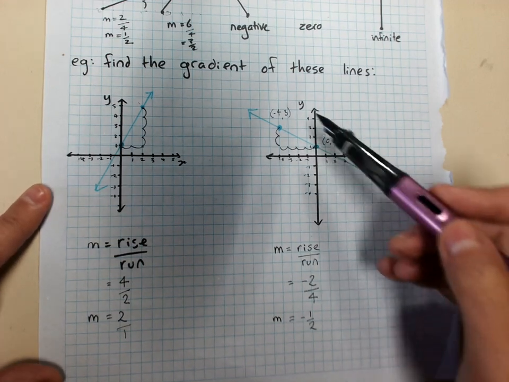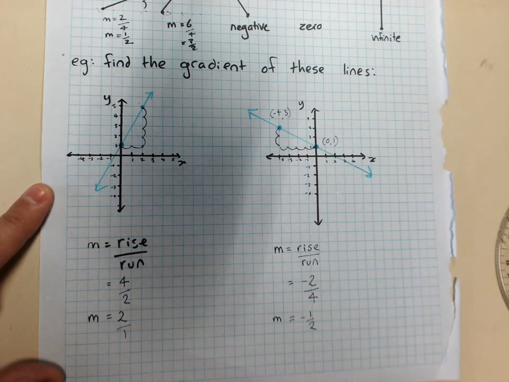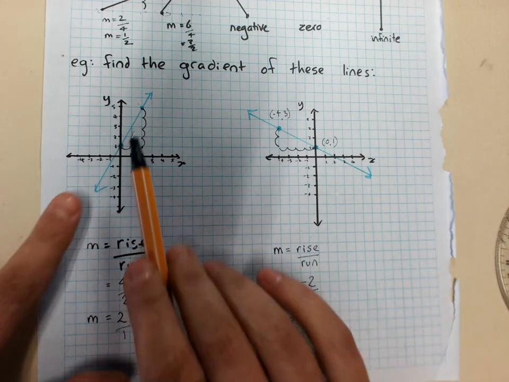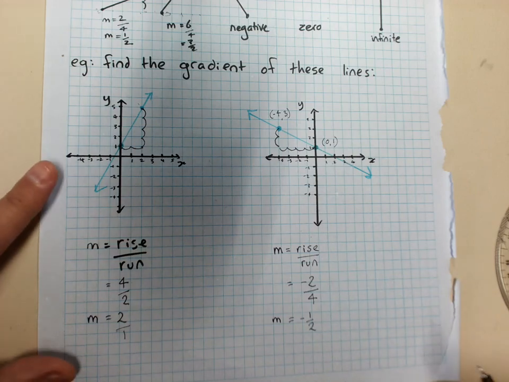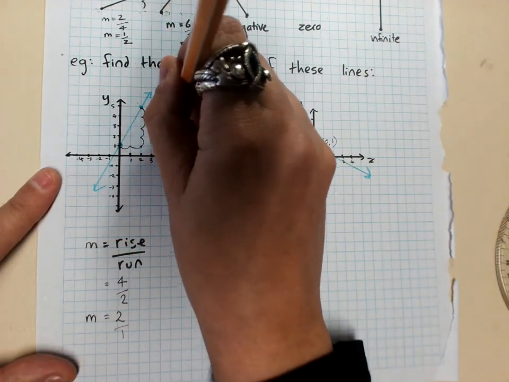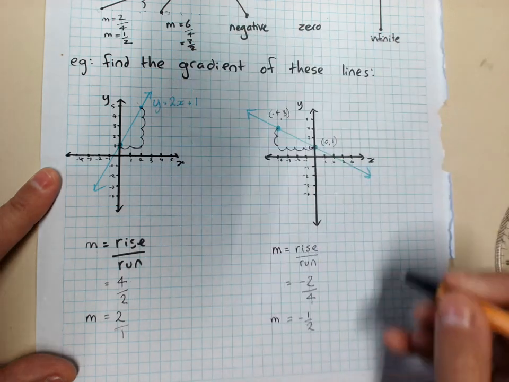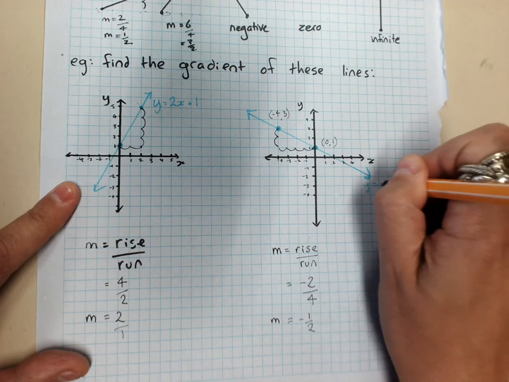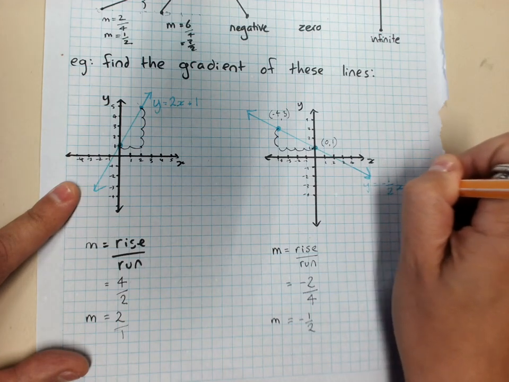You can work out the rise and the run just from 2 points, and that's in today's core video if you'd prefer. Now you'll notice I didn't label these lines when I graphed them. If I go back and label them, y equals 2x plus 1 is this graph, and this graph is y equals negative a half x plus 1.